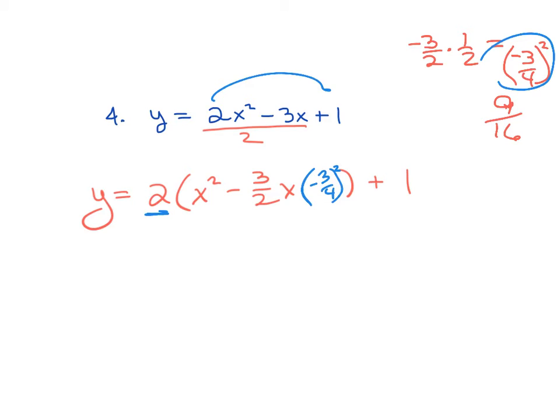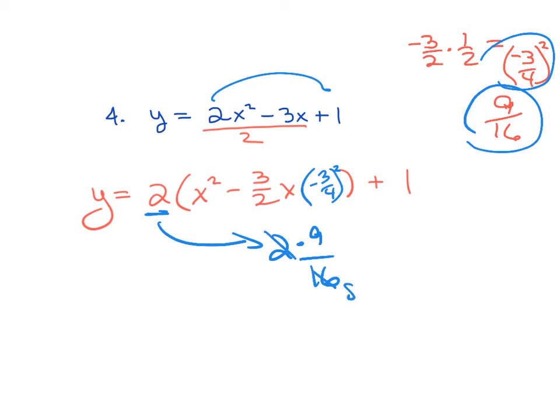So now what I need to do is compensate for that 2. So this 9/16, I'm now going to multiply before I put it on the other side. I'm going to multiply what I'm about to subtract from the other side, because remember it's opposite. So this becomes an 8.